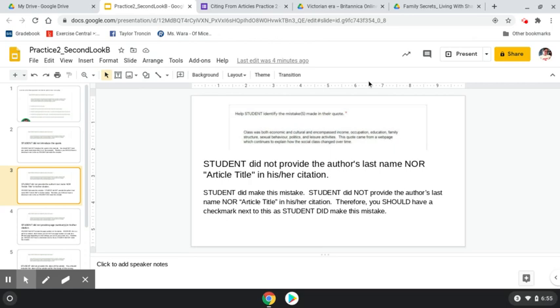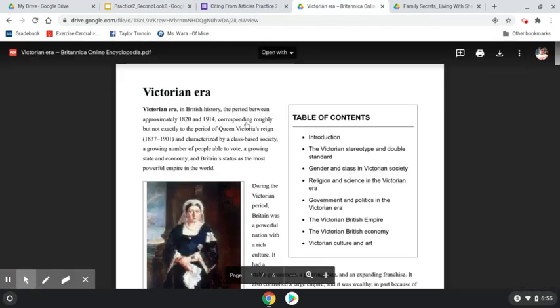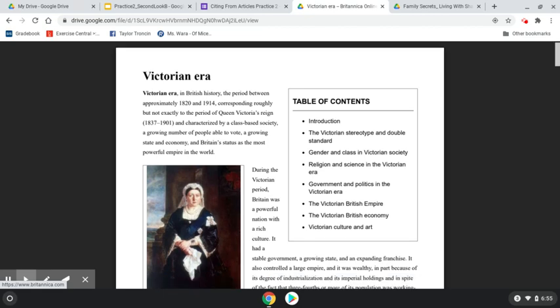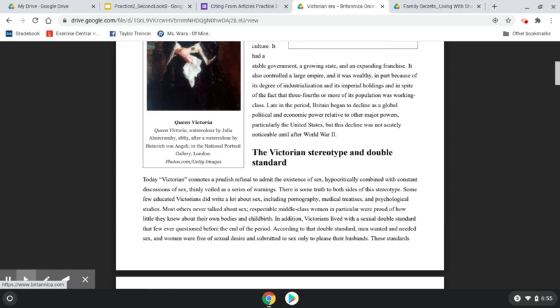And then this came from this Victorian era site here. The only reason I know this is because I made this activity. You would not have known that unless you went through and read word for word.